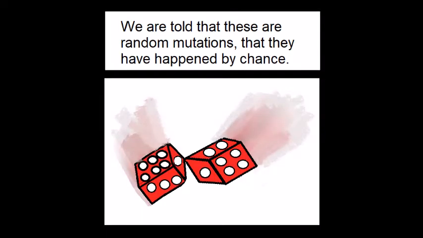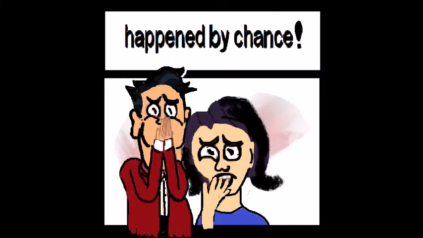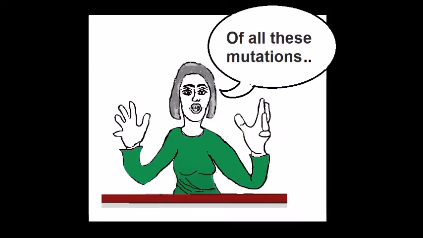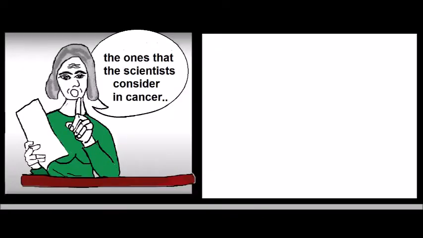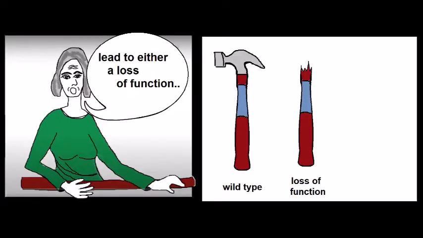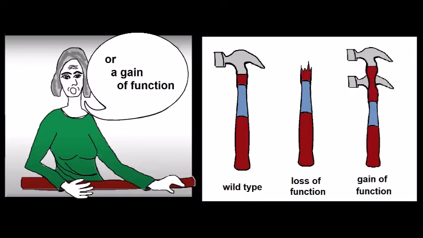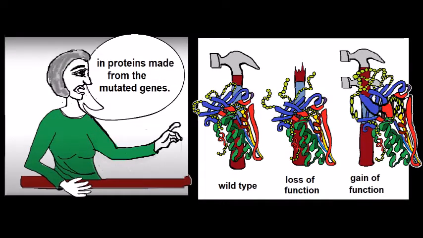We are told that these are random mutations, that they have happened by chance. Of all these mutations, the ones that the scientists consider lead to either a loss of function or a gain of function in the proteins made from the mutated genes.